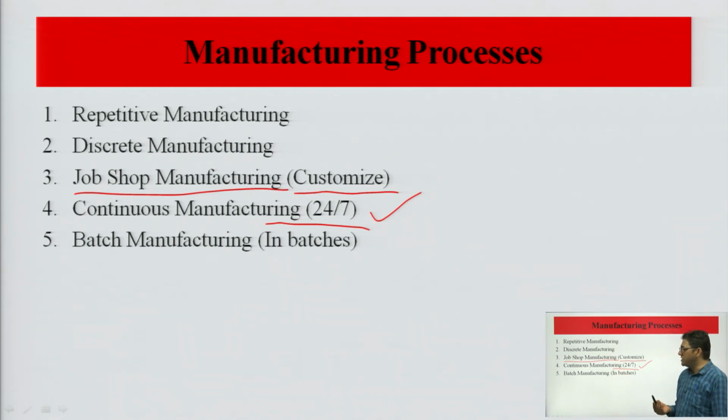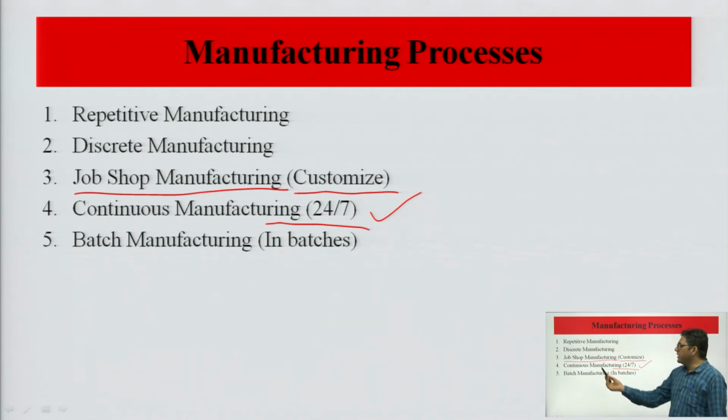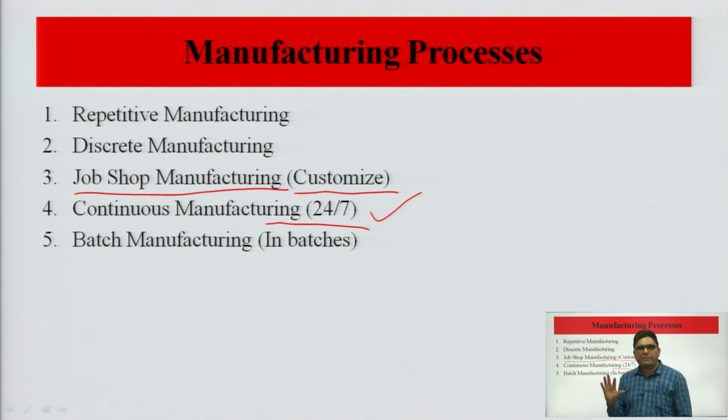Next, it is discrete. It is discrete because the products are a little bit different, so now we will be needing a different framework or setup to establish the product. Next, job shop manufacturing. Here the products that we are going to produce will be more customized; they will not be standardized.